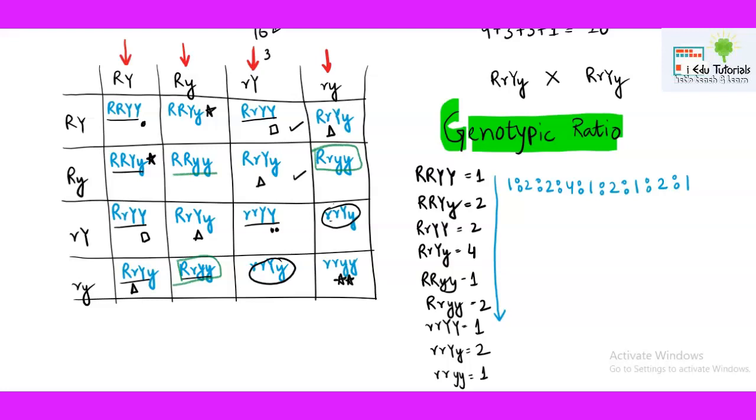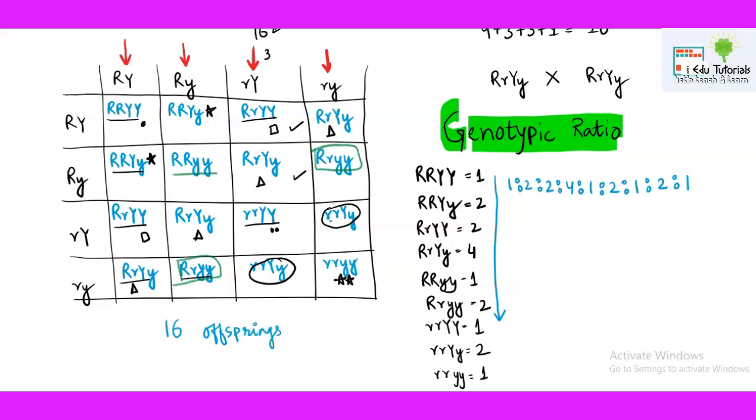Now how to find out whether you have covered each individual? And one thing, that you have put a mark on each individual. That means each individual has been considered. But the other way round is 16 offsprings are formed in this Punnett square.